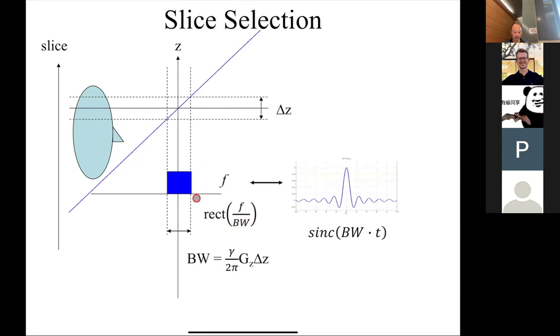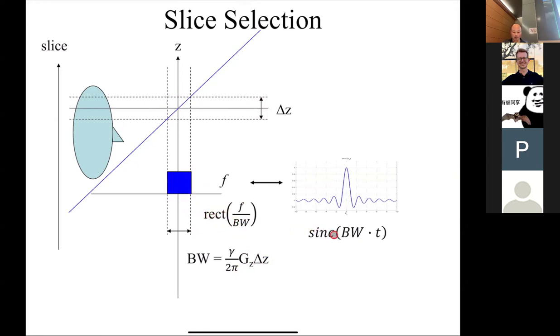The bandwidth, delta Z times gamma over 2 pi GZ, tells me the frequencies that are spanned by those spins. If I could apply a pulse that only had this frequency distribution, then I could excite all these spins perfectly. And in fact, we do have one.